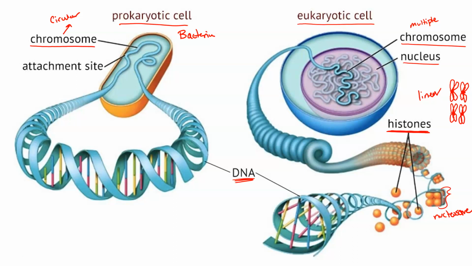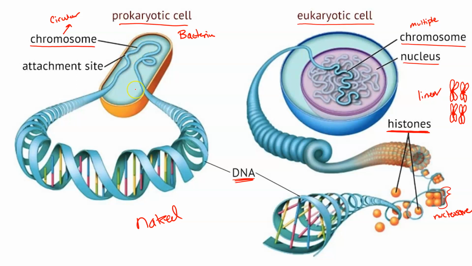So, prokaryotic cells have a singular circular ring of DNA not associated with histone proteins, so we say that the prokaryotic DNA is naked. It's a weird term to use, but it is definitely something that is used. Naked just means that it is not associated with histone proteins.